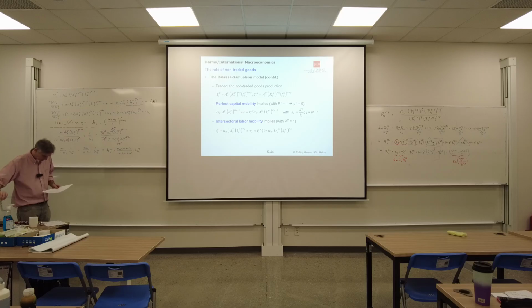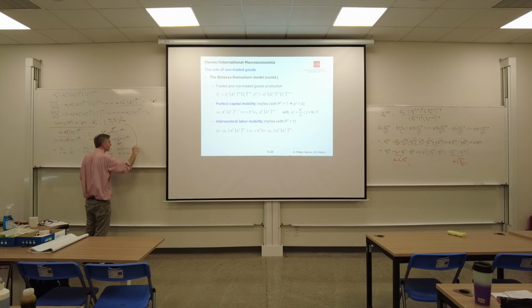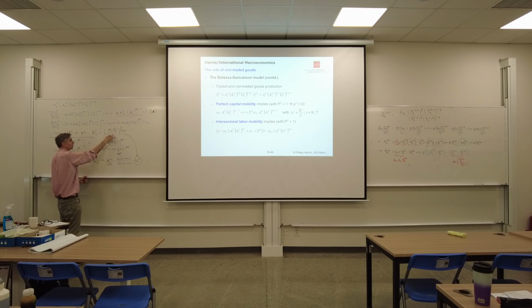There it is. Yes, that's right. Okay, what does this buy us? It buys us a relationship between the capital labor ratio in the non-traded industry and the capital labor ratio in the traded industry. Now, this, in fact, is related to the interest rate and to ATT.